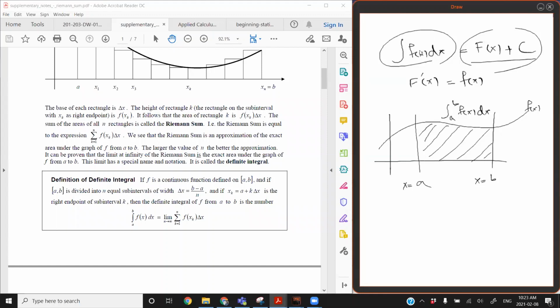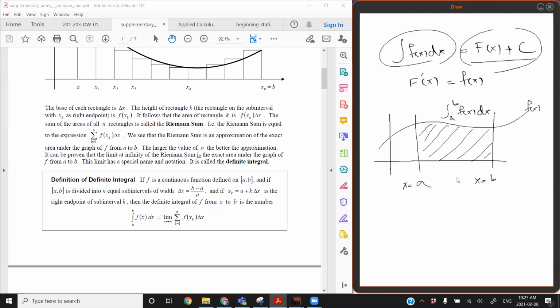If there are no bounds like this, then it's a family of functions, all the antiderivatives of lowercase f. But if the bounds are there, it's not a function anymore. It's a number. It's a real number because it's the area under the function f of x above the x-axis and between the two vertical lines a and b. You're good? Yeah, thank you.